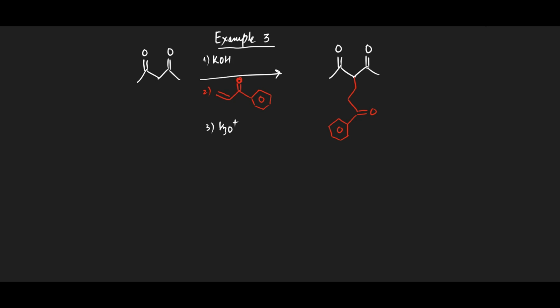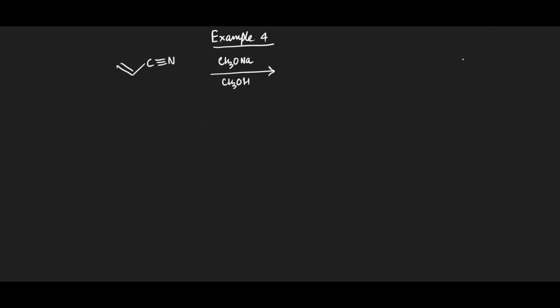In this fourth example, the C≡N group has the polar pi bond which is in conjugation with the C=C double bond. The nucleophile is methoxide anion, which adds reversibly to give conjugate addition. This methoxide anion adds on the beta carbon to place the negative charge on nitrogen in this case.